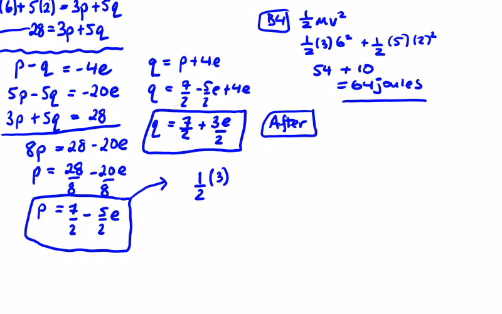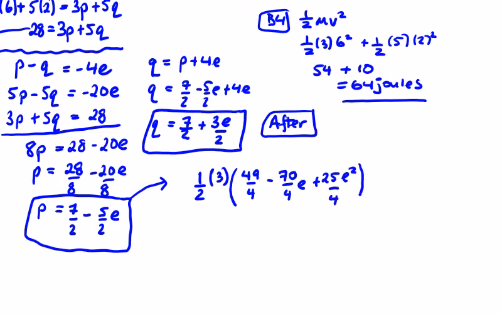So if we square this out, we're going to get 7 over 2 squared, 49 over 4. 7 over 2 by 5 over 2E is 35 over 4 twice, so 70 over 4E. And then we're going to have 5 over 2E squared, which is 25E squared over 4.